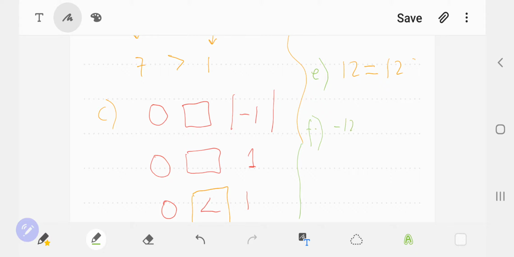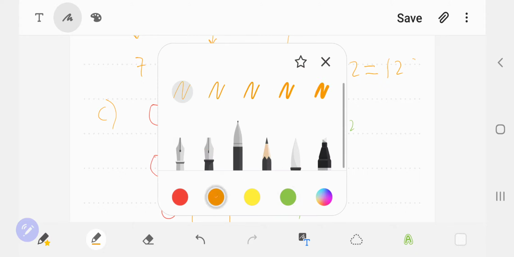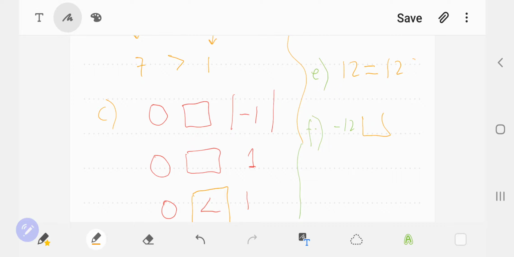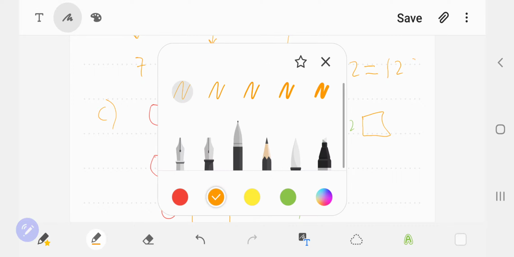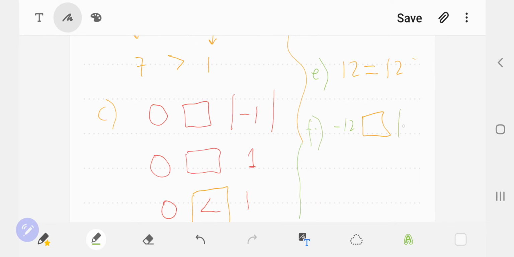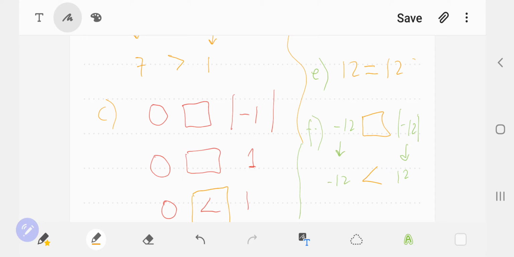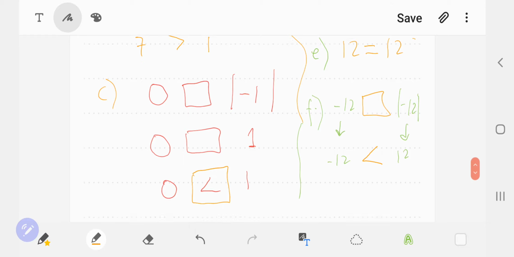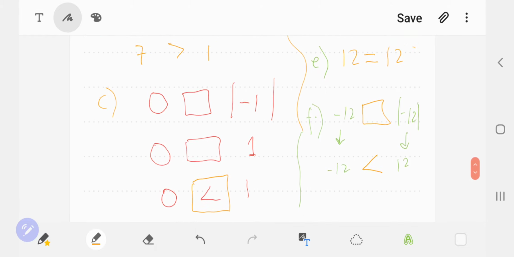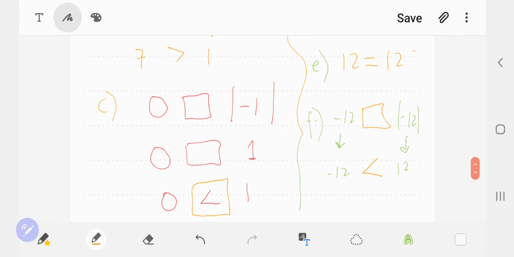We have -12, comparing -12 with the absolute value of -12. Okay, so bring it down, that's -12. The absolute value of -12 is +12. And therefore, the obvious answer here is less than.